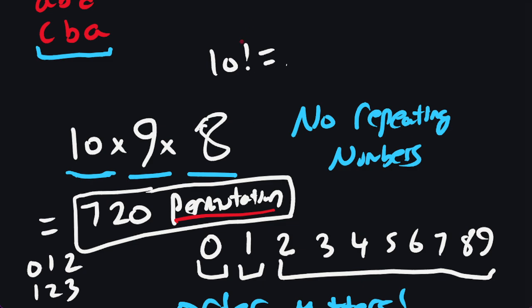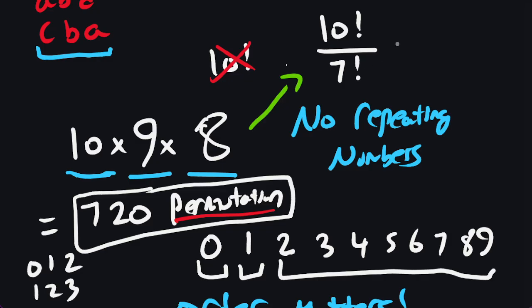So this isn't really 10 factorial. This is actually 10 factorial divided by 7 factorial.